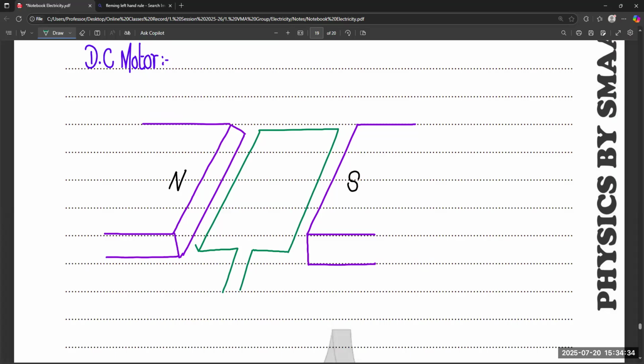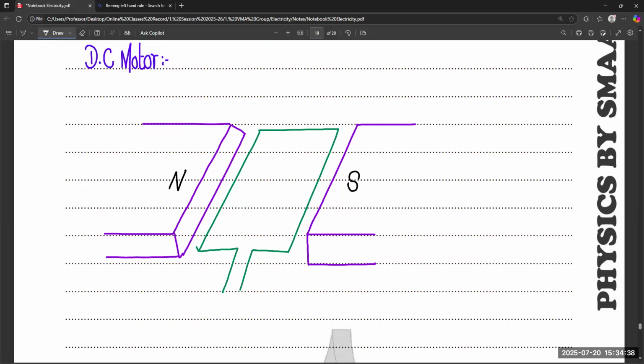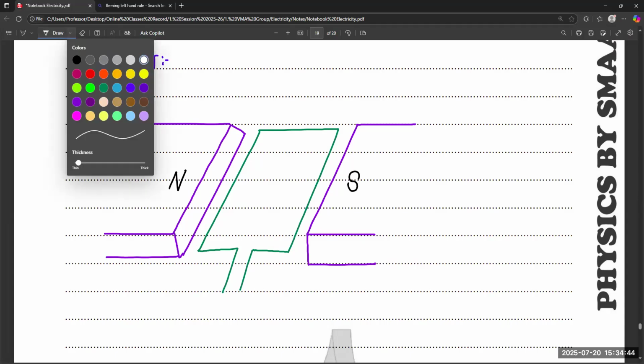And these are the two connections that we were talking about. We have positive and negative terminals. So these are two connections that are going to be connected with the power supply. But before that, we have some other things also.